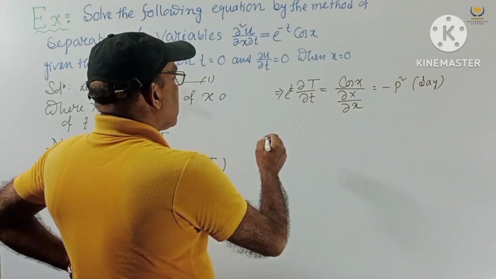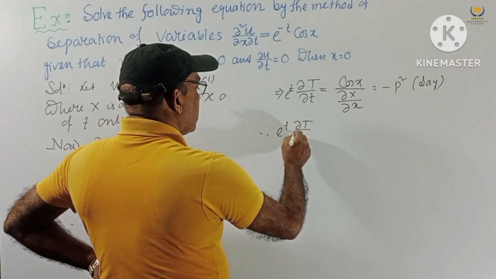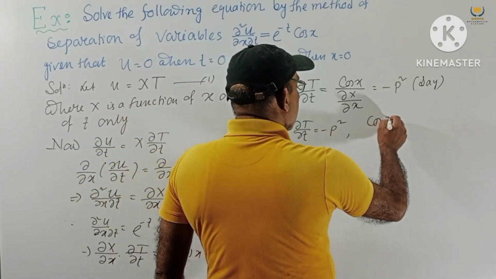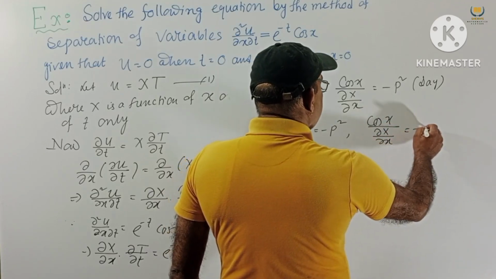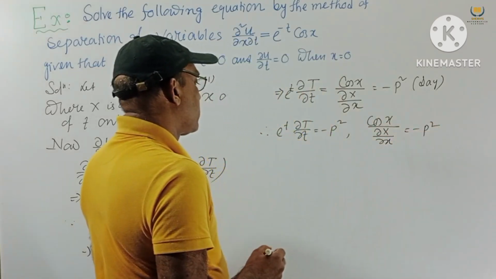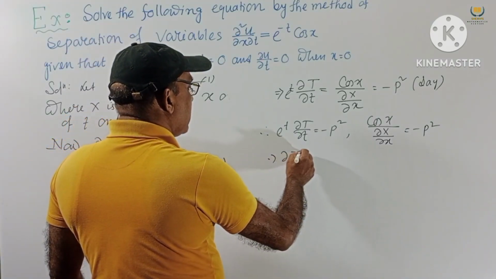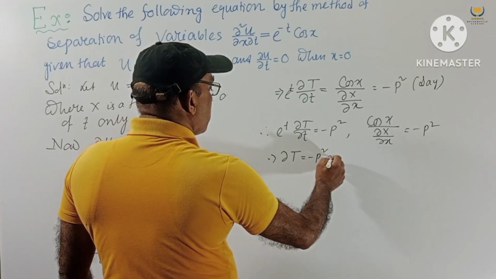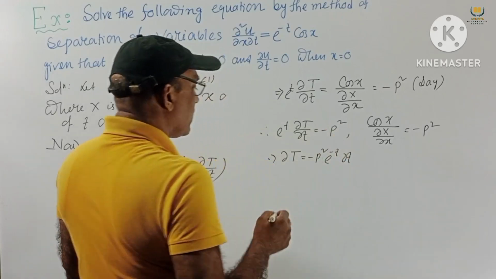Therefore e to the power t dT by dt equal to minus p square, cos x by dX by dx equal to minus p square. And this implies dT by dt equal to minus p square e to the power minus t. We get this.